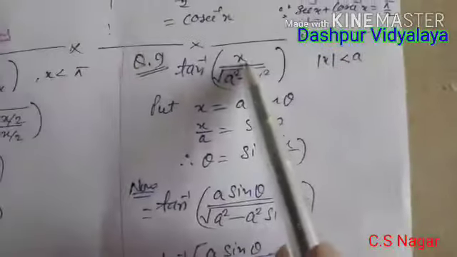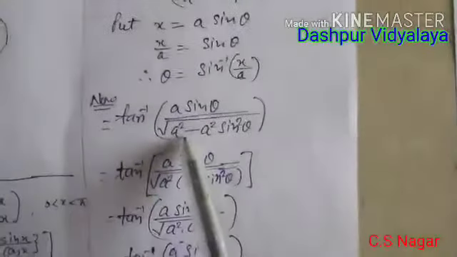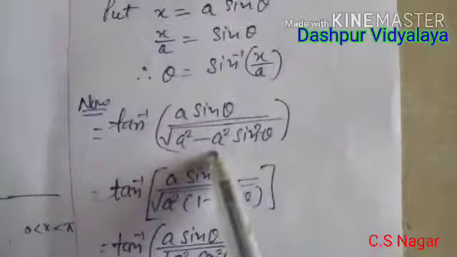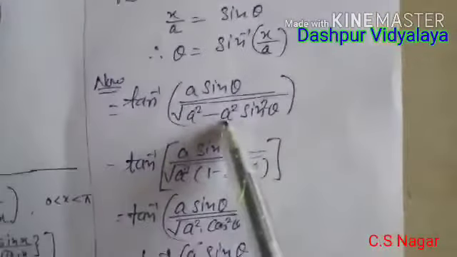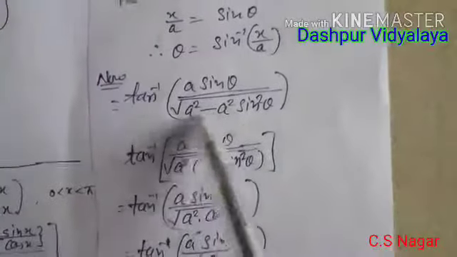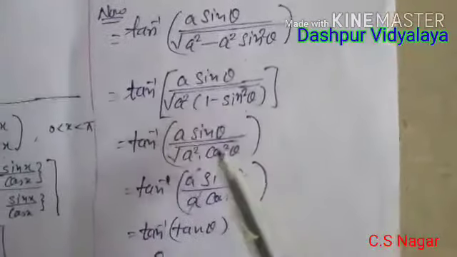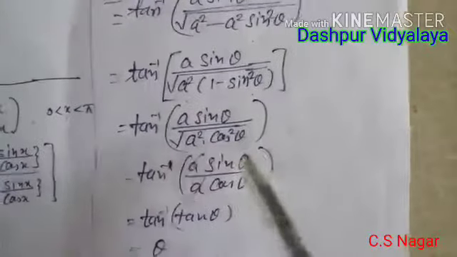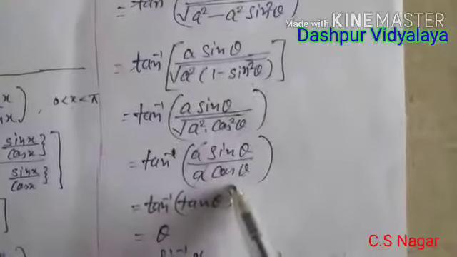Now in place of x write a sin theta, so tan inverse a sin theta upon under root a square minus, in place of x, a square sin square theta. First a square common out, so only 1 minus sin square theta remaining, and 1 minus sin square theta is cos square theta. A square and cos square theta, taking square root, so only a cos theta remaining.